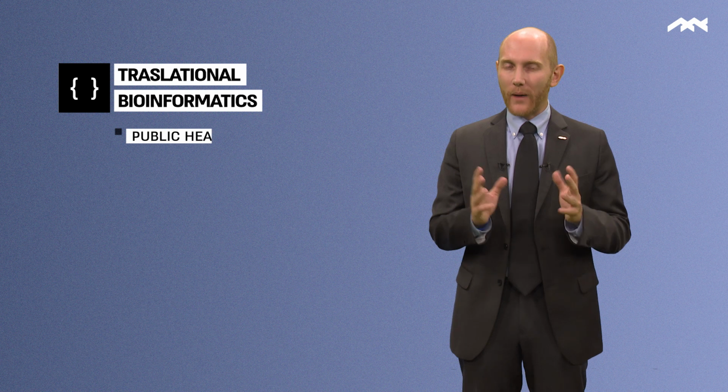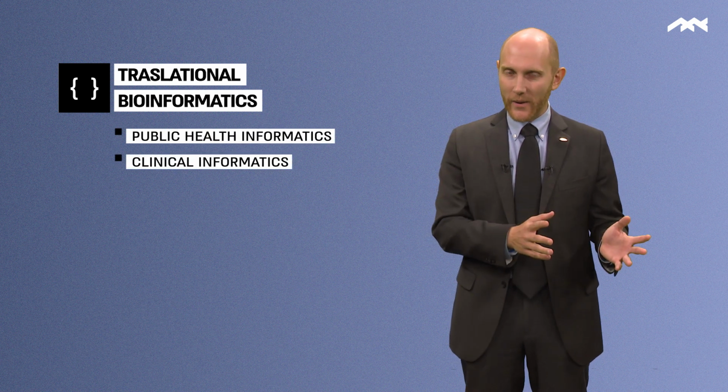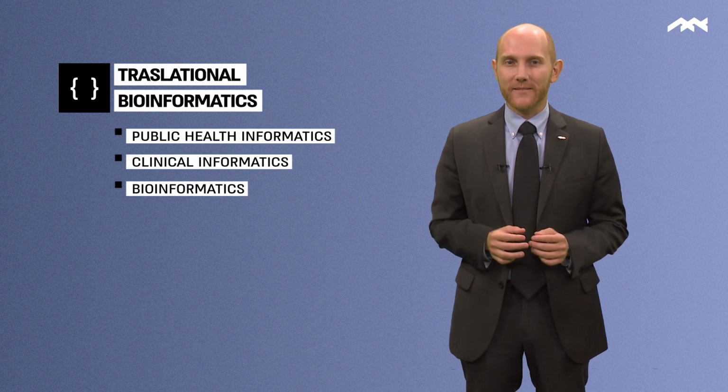Then there is translational bioinformatics that encompasses public health informatics, clinical informatics, and sometimes bioinformatics. An interesting example of translational informatics may be the recent development of a web portal called IMPACT for information on gene-specific cancer treatment.